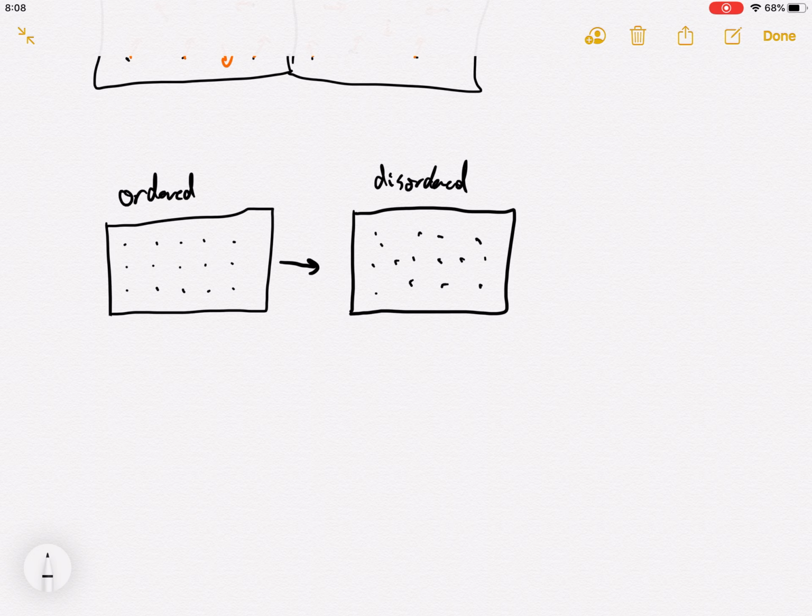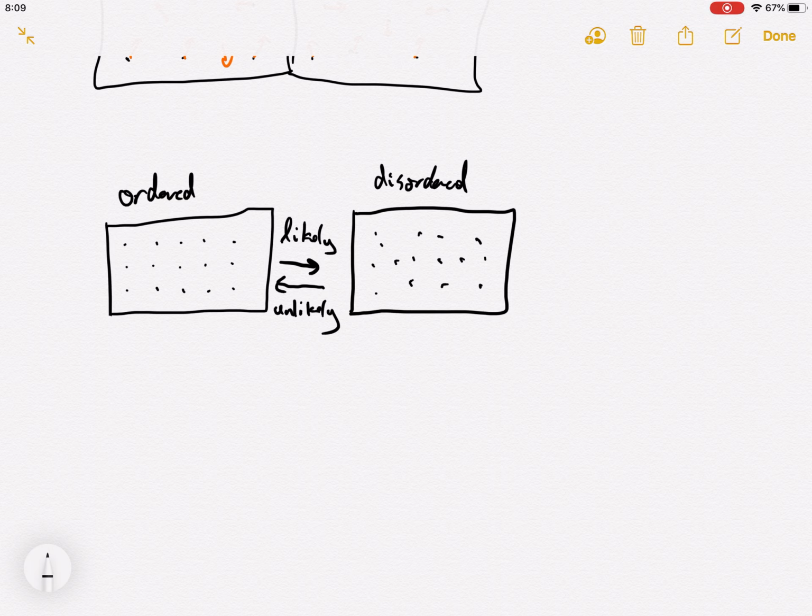And this motion from order to disorder is likely to happen, whereas the motion this direction is unlikely to happen spontaneously. So this is one way of saying the second law of thermodynamics, that systems move from order to disorder. And you can argue that statistically.